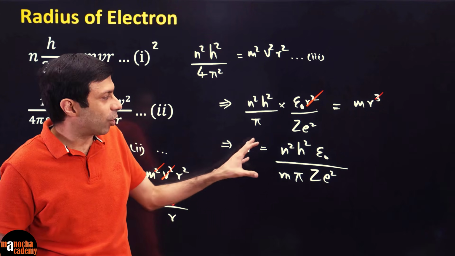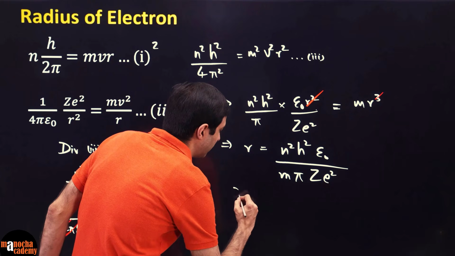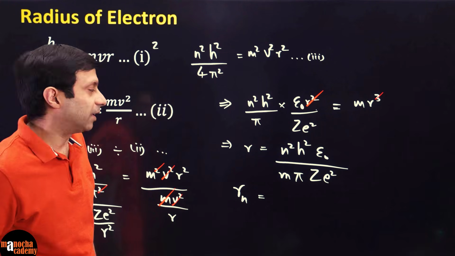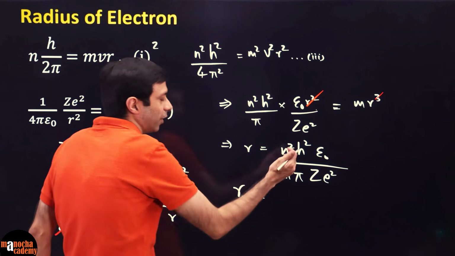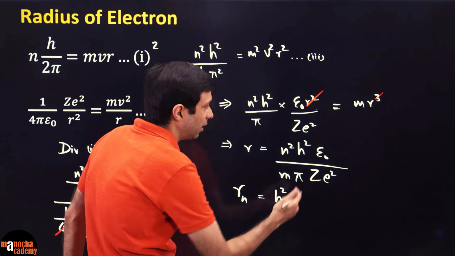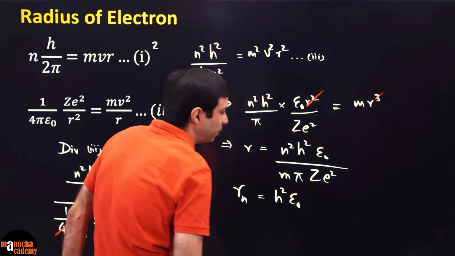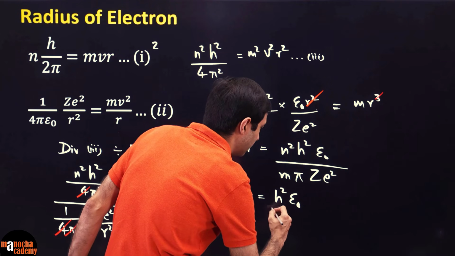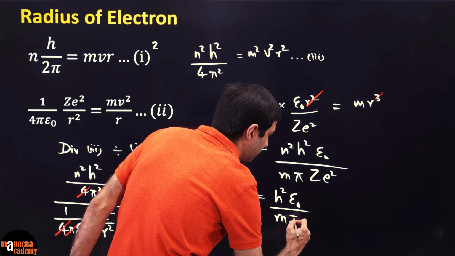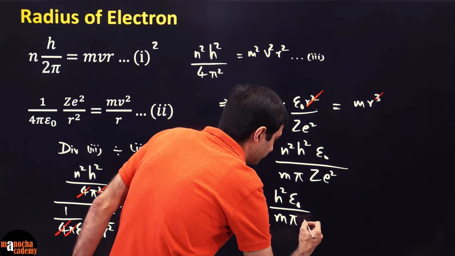And now let's take a look. What are all our constants over here? For any radius Rn, so for the nth shell, what will be the constants? Let's take them out. We know h is Planck's constant, so that is h square, that comes out. Epsilon naught is the permittivity of free space, that's a constant. We take that out here. Mass of electron is constant, so m. Pi is a constant, and so is e square.